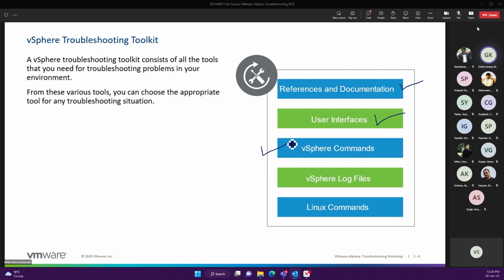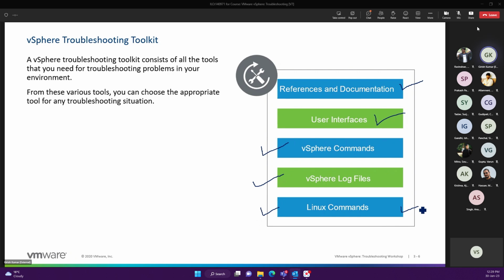If you want to modify it, you can do that. Or if you want to access specific log files from a specific location on ESXi or vCenter Server, you can retrieve them. And if you are already comfortable with Linux commands, at least file and folder level commands, the same commands you can use on the ESXi hypervisor.